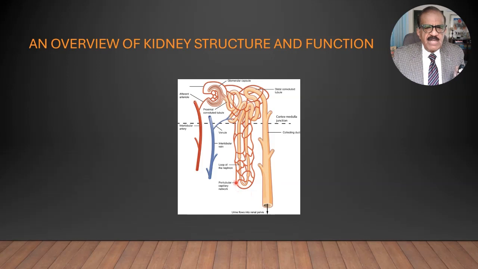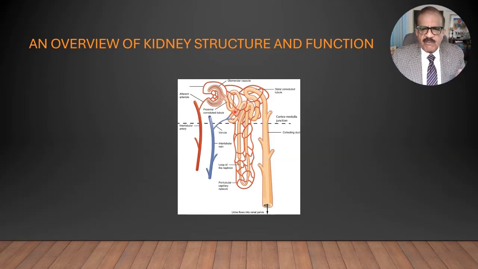Few points need to be highlighted. A large amount of fluid is filtered into the glomerulus. So 20% of our blood circulation actually goes to the kidneys, and then most of it is reabsorbed. If there was no such mechanism, we would develop dehydration within hours.